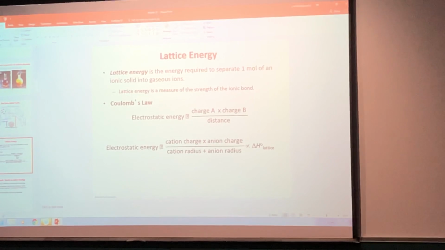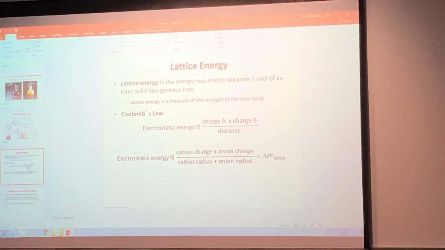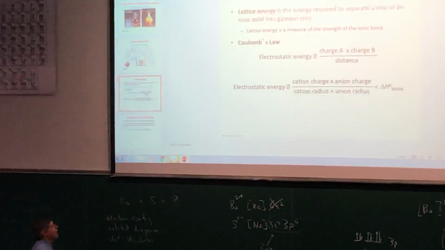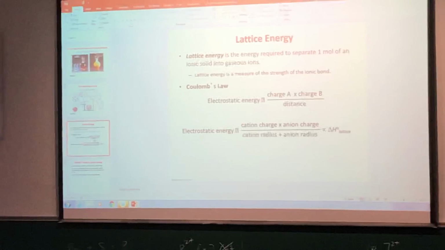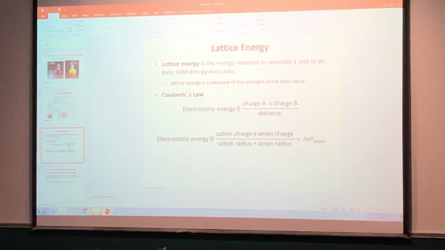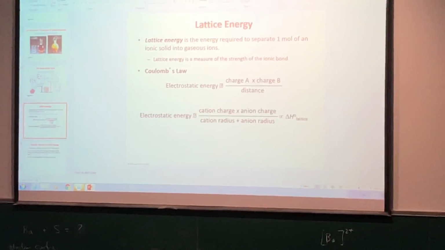We're gonna define the lattice energy as the energy that's required to take 1 mole of an ionic solid and tear it apart and end up with gaseous ions, okay? And that's gonna really tell us how tightly those things are bound to each other.